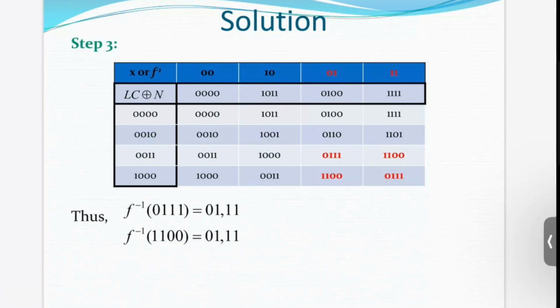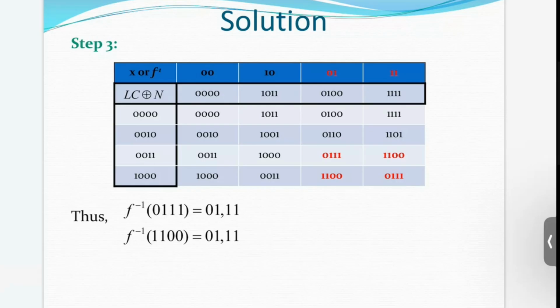So how to write it? This is the XOR for the decode. The coset leader XOR with N, the given words.